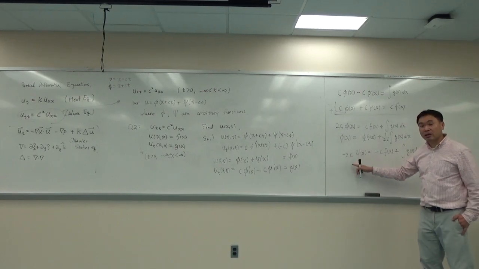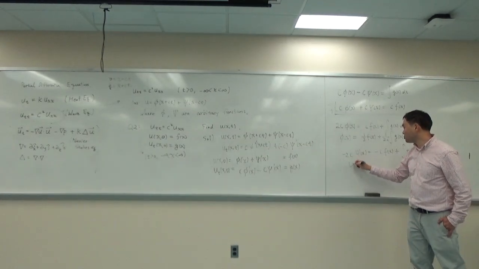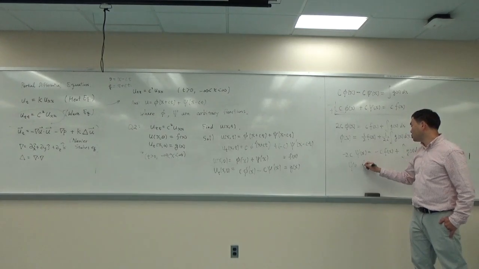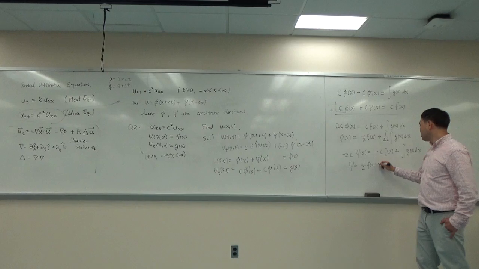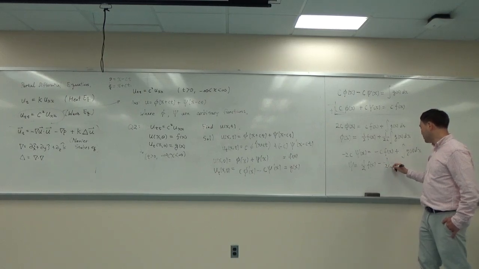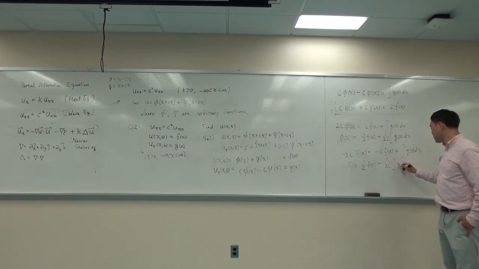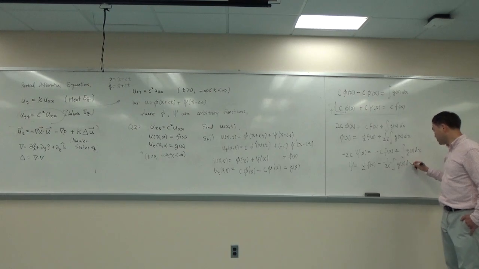And this time if you divide by negative 2c, you get psi equals 1 over 2 f of x minus 1 over 2c integral of g of x dx.